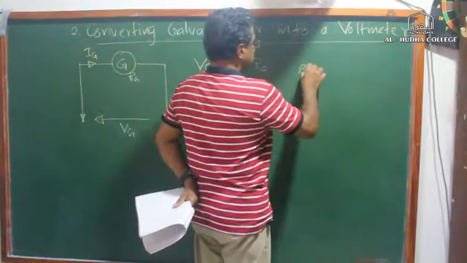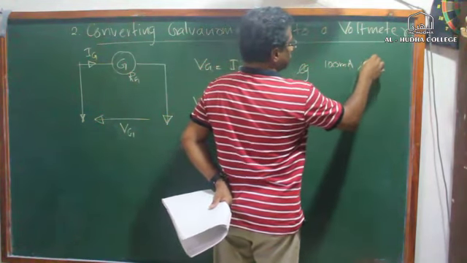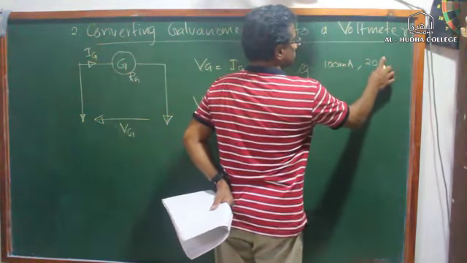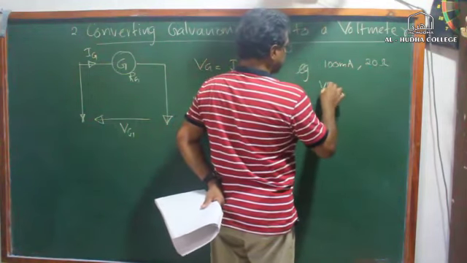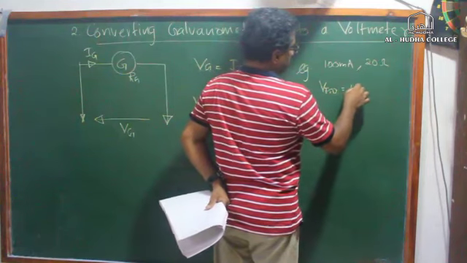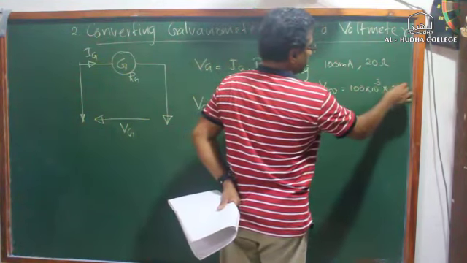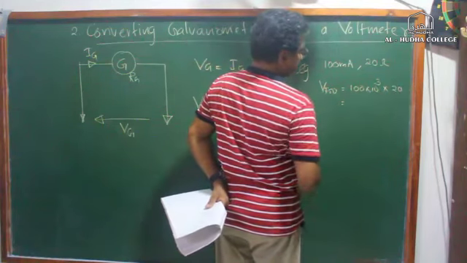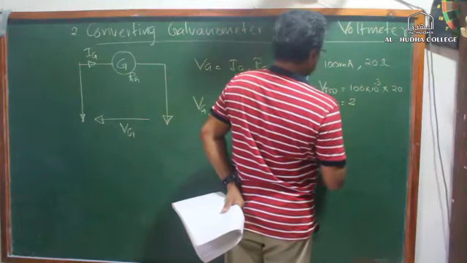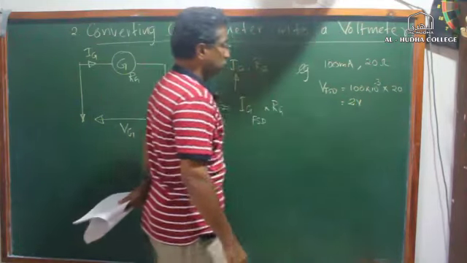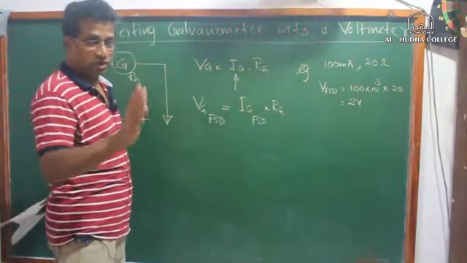If we take the example, 100 milliamps FSD and 20 ohm, then V FSD is 100 into 10 to the power minus 3 into 20, so that is 2 volts.